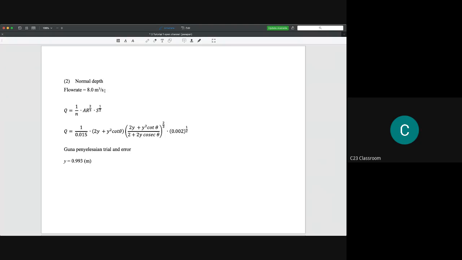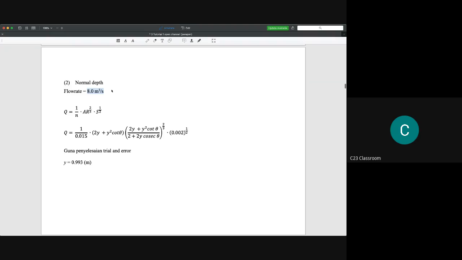The question gives you a flow rate of 8 meter cube per second, and then asks to calculate the normal depth. Again, we are using the Manning equation, but the problem is the flow rate is given and we need to calculate the value of y.